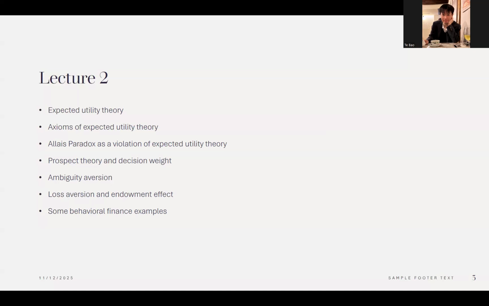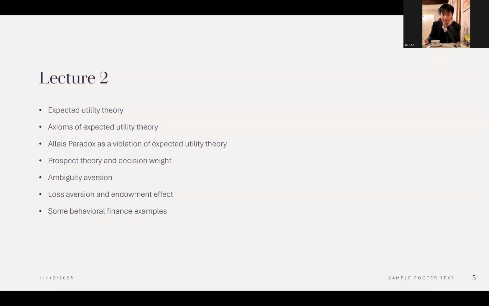In particular, the concave utility of money, namely the diminishing marginal utility of money, will imply risk aversion, and that can help explain things like the St. Petersburg paradox: people would prefer assured payment compared to risky payment. So that's the expected utility theory.